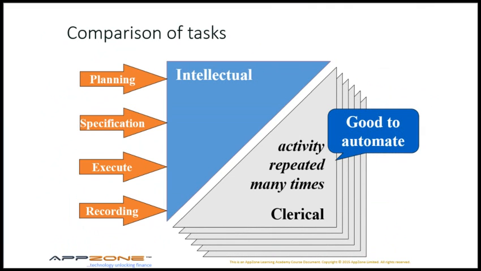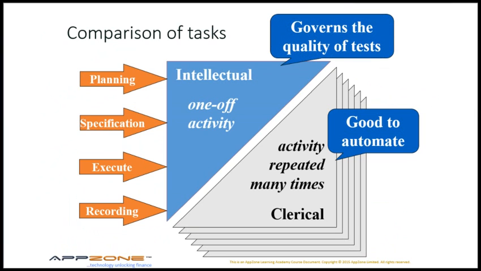Where you have activities repeated so many times and they are recorded, it is good to automate, so the human effort or human input is reduced when you automate. So the intellectual work is a one-off activity and it governs the quality of tests. Thank you.